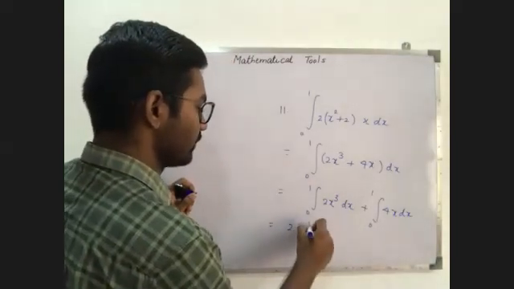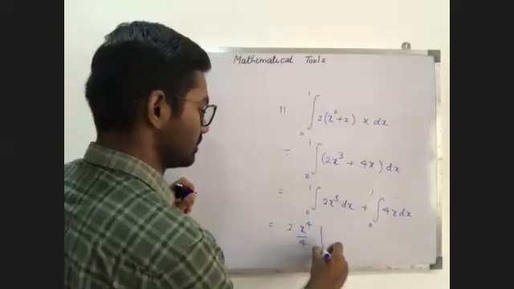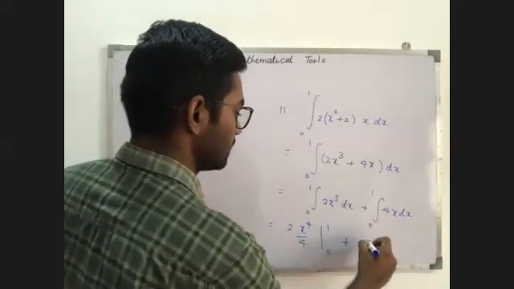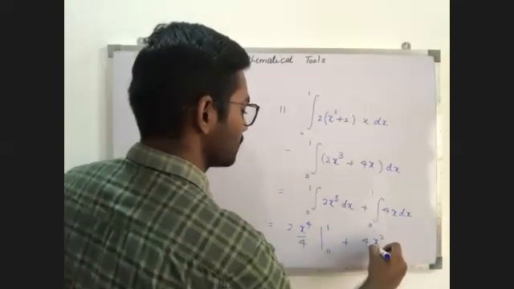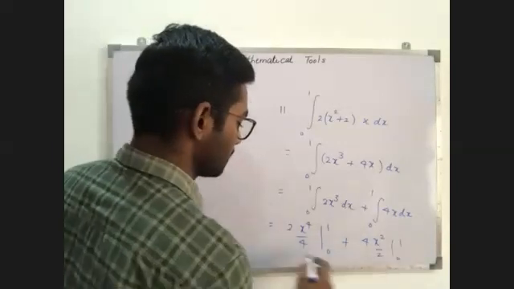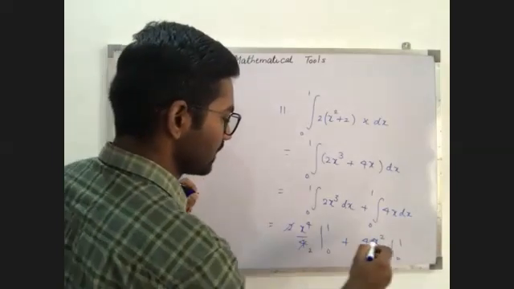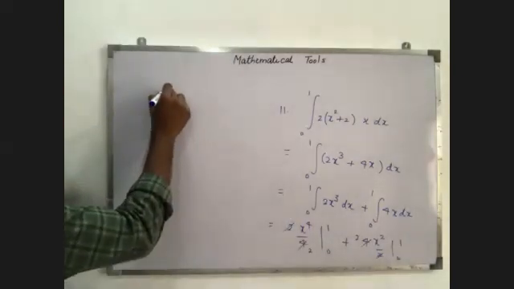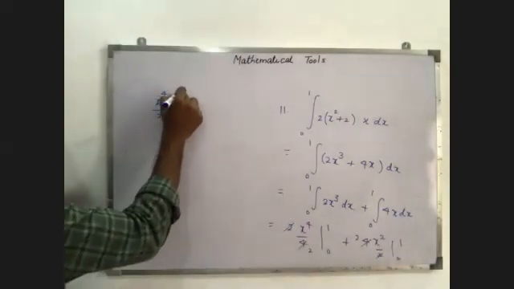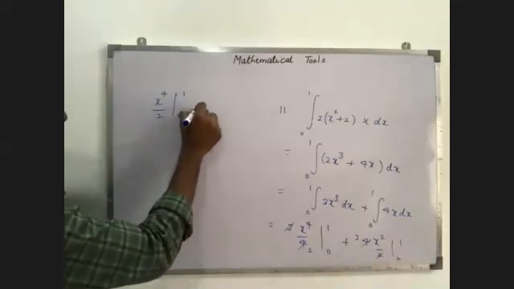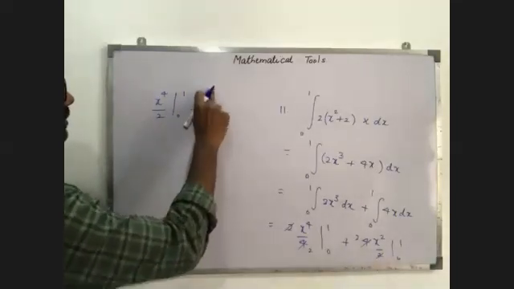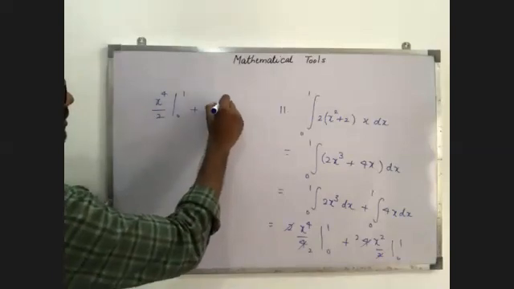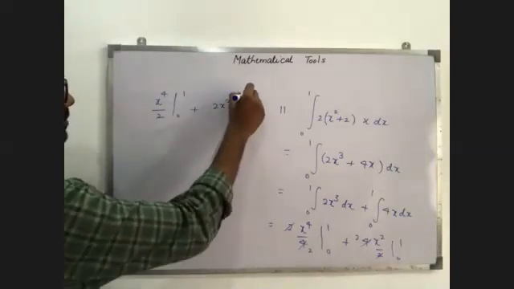2x to the power 4 by 4, 0 to 1, plus 4x square by 2, 0 to 1. This is going to be cancelled out 2 times. This is going to be cancelled out 2 times. So I get x to the power 4 divided by 2, 0 to 1, plus 2x square, 0 to 1.